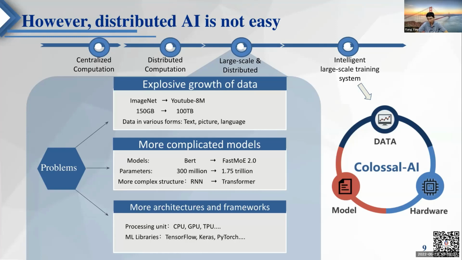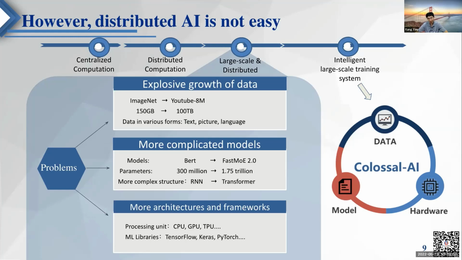We also know the cost of labeling a data set is very high, which means the speed of generating data is much higher than the speed of carefully labeling it. That's why we have lots of unlabeled data.